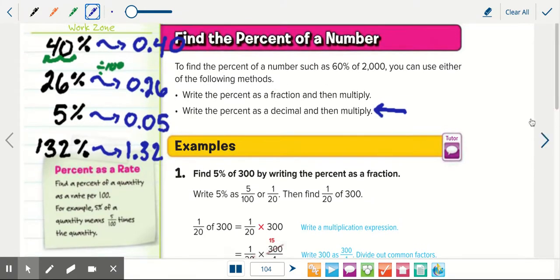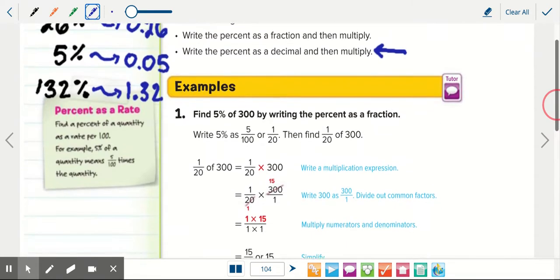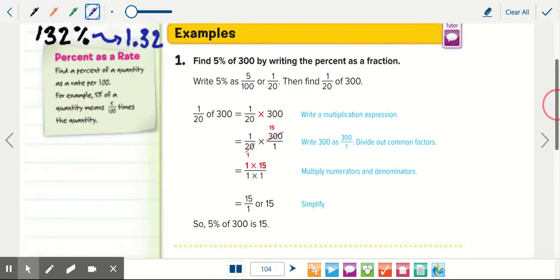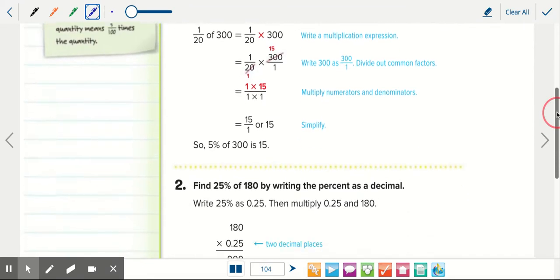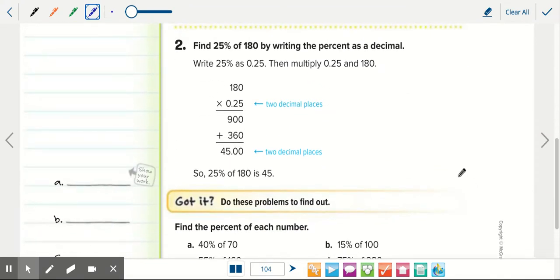But since we are going to be using a calculator, writing the percent as a decimal makes our life a little bit easier. Alrighty, so you'll see in the first example, they wrote the percent as a fraction and then multiplied. We're going to skip this way. We're going to go straight down to example 2.